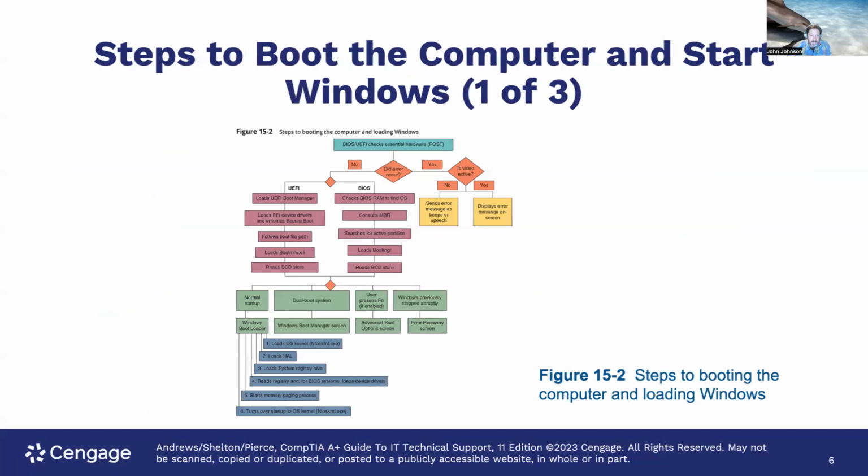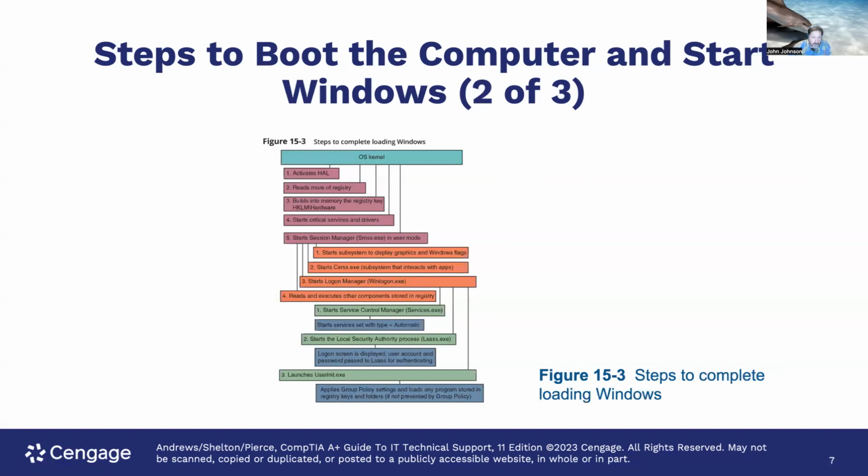So there's a heuristic diagram here of the steps to boot the computer and start Windows. You can look through this on your own. It's a pretty comprehensive diagram, so I'll let you go through that on your own.